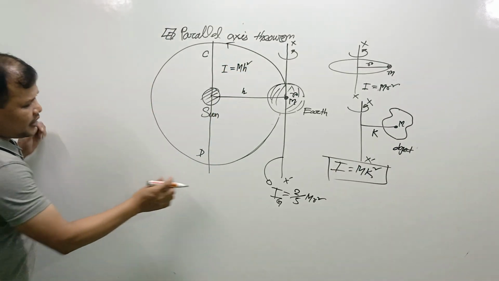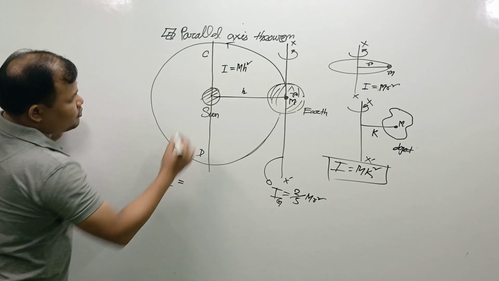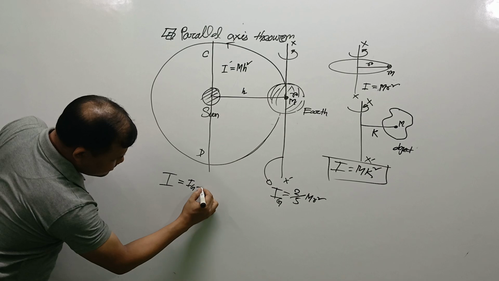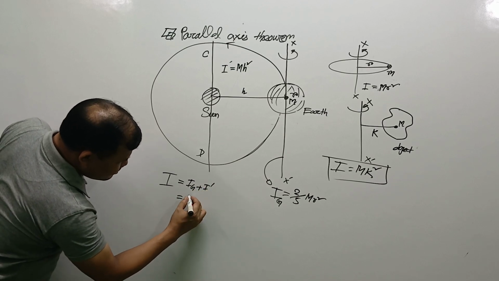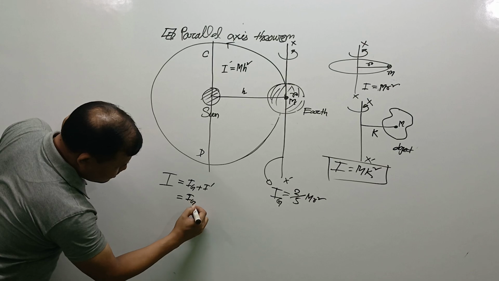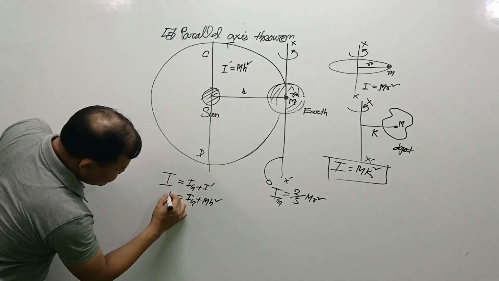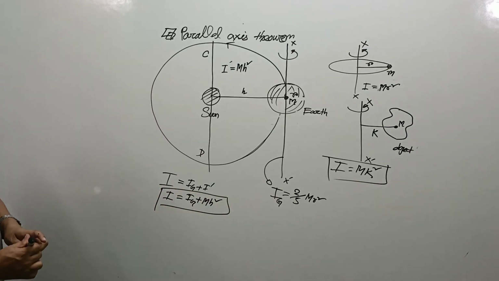Now if we find the total moment of inertia, the total moment of inertia I is equal to Iz plus I prime, where I prime means mh². This is the equation to find the moment of inertia about a parallel axis.